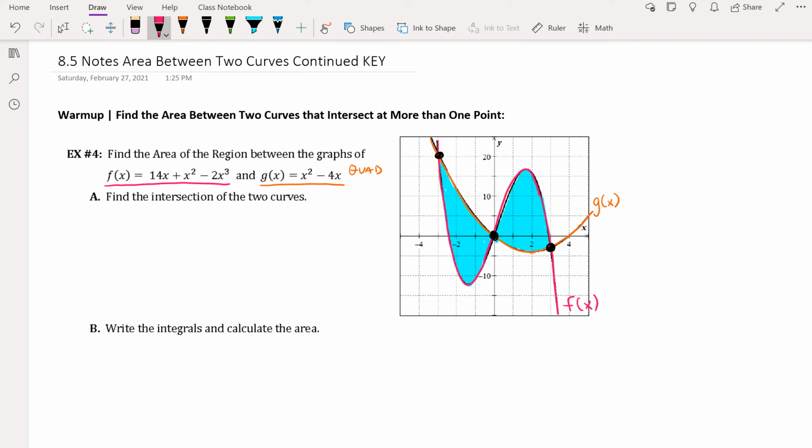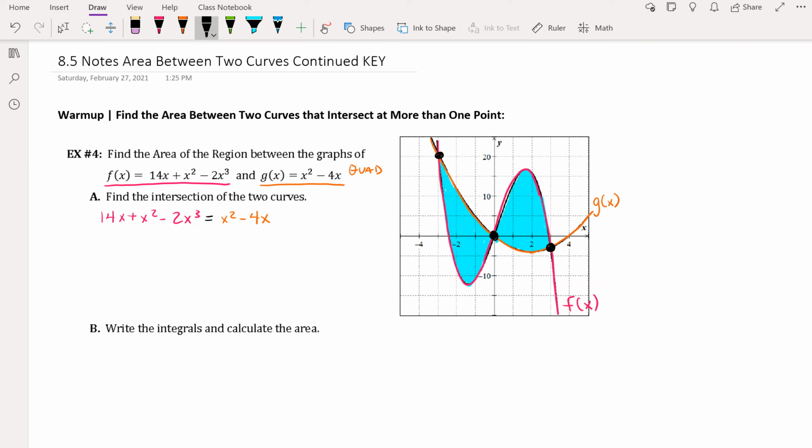We're going to set f of x equal to g of x. So we're going to say, okay, 14x plus x squared minus 2x cubed equals, and then g of x is x squared minus 4x. Cool. Then we solve. We have a polynomial and a quadratic. The best way to solve that is to set one side equal to 0 and then factor.